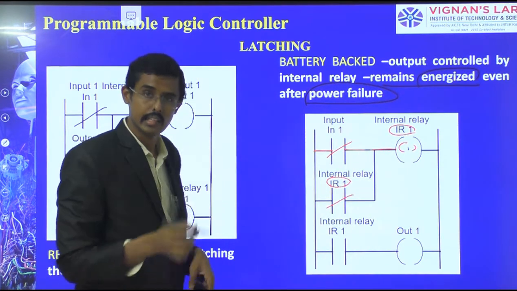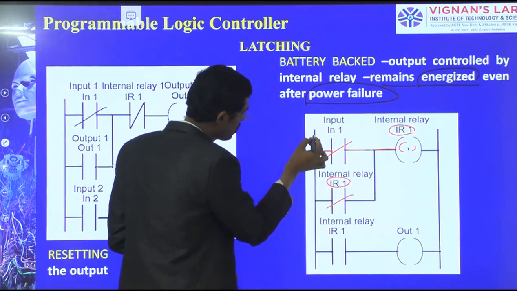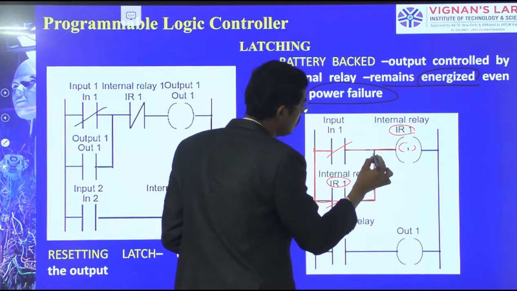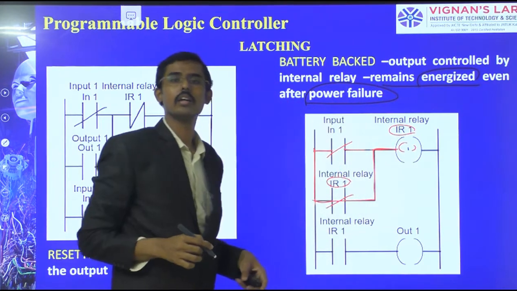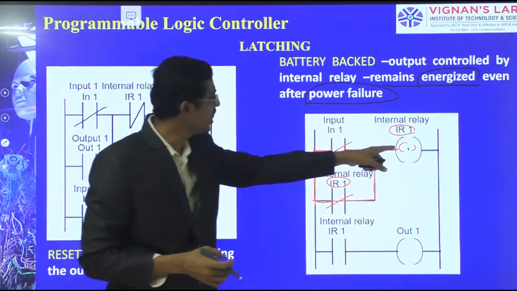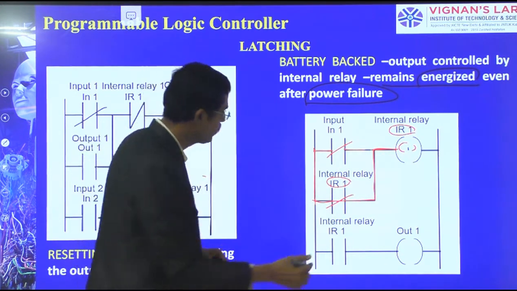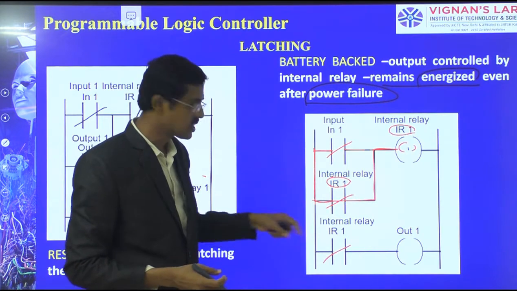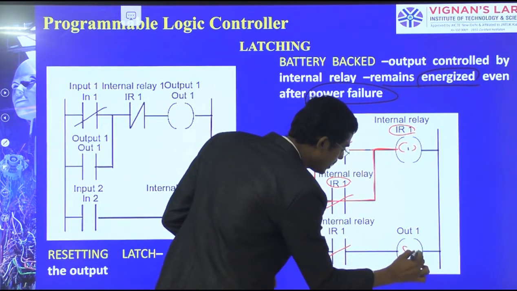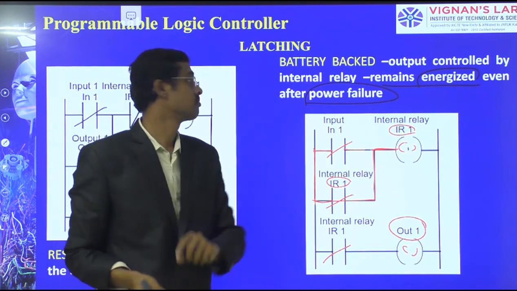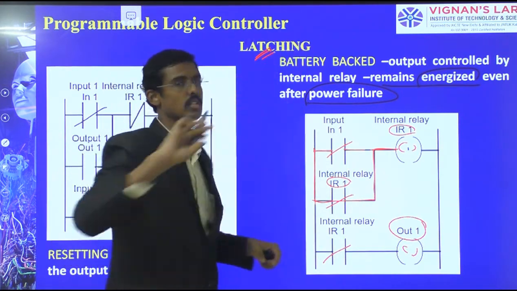Therefore, the power source goes from this power rail to internal relay coil 1. Now this internal relay coil also activates here in the second rung, and therefore we are getting the output 1. Now it is latching. The latching process is done.